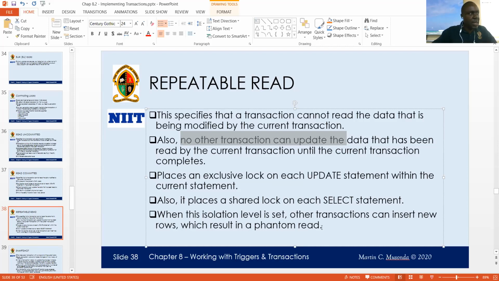So here we're saying the other transaction cannot access the data that was read. But if another transaction tries to add additional rows, it can do that before the first transaction completes or commits. It cannot just access the data that was accessed.